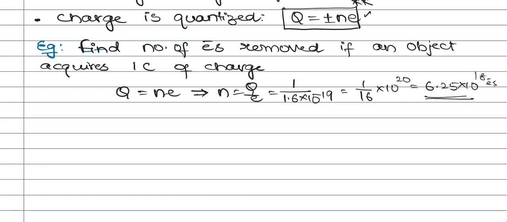So this many electrons I have to remove from an object so that it can acquire a charge of 1 coulomb.